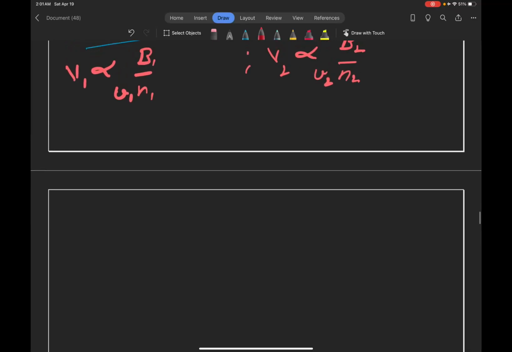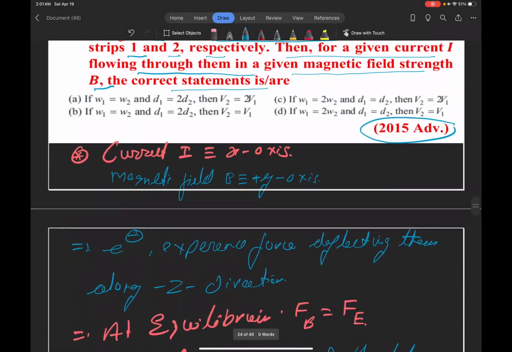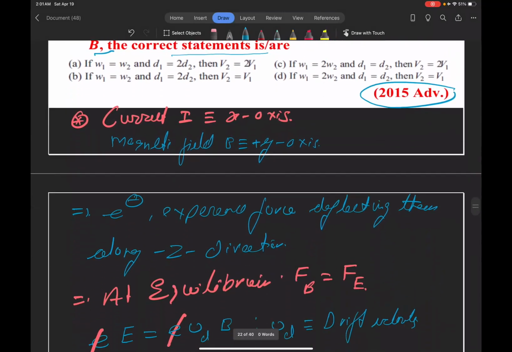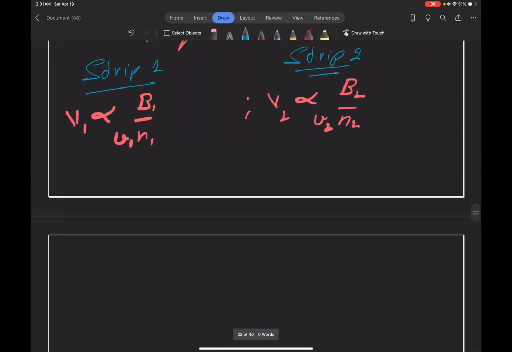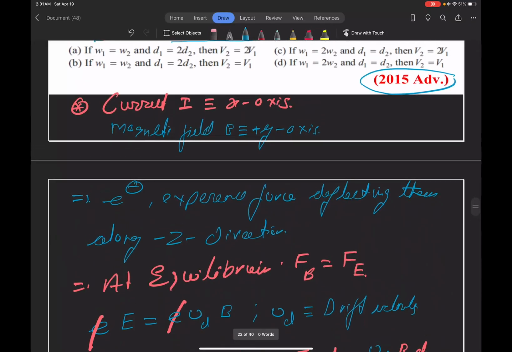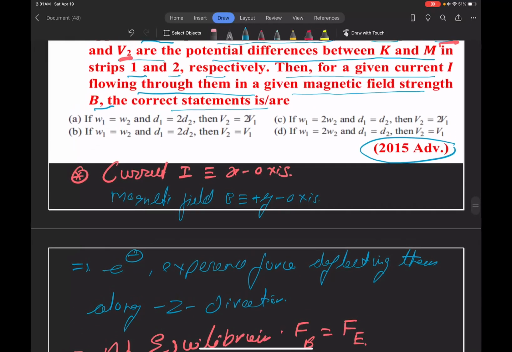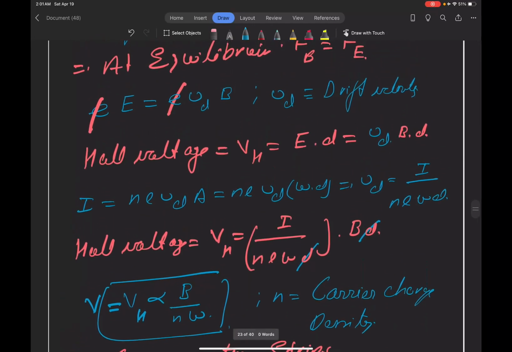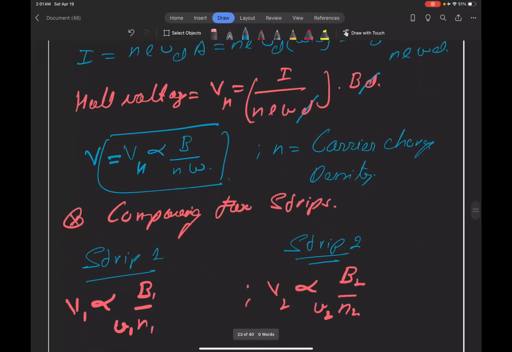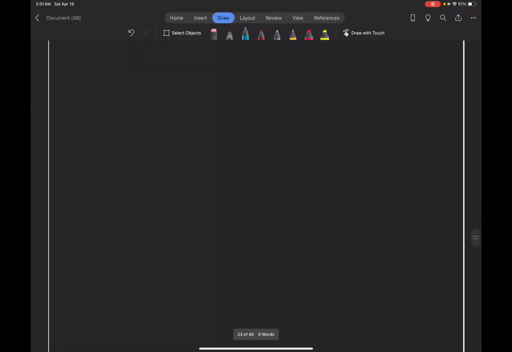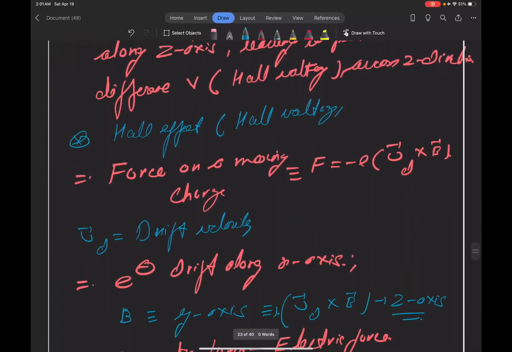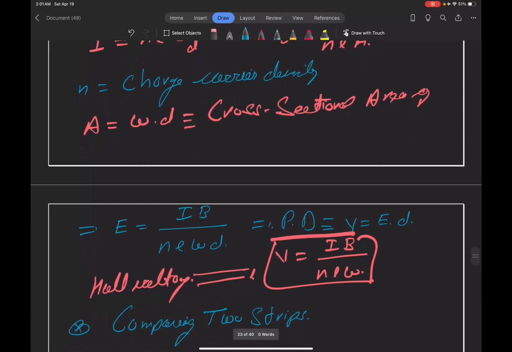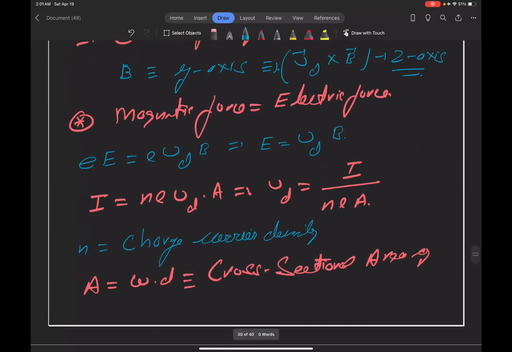Therefore we can say that width doesn't matter. Let me check. VH is equal to d, yes, correct.